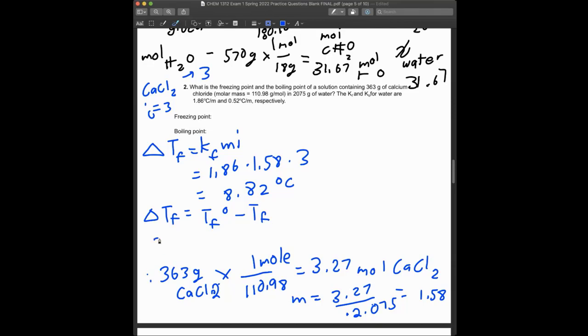When we plug the values in, the regular freezing point of water is 0 minus TF, and TF is negative 8.693. Any questions?